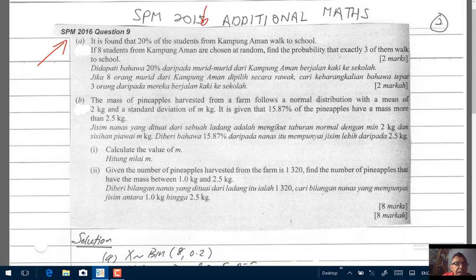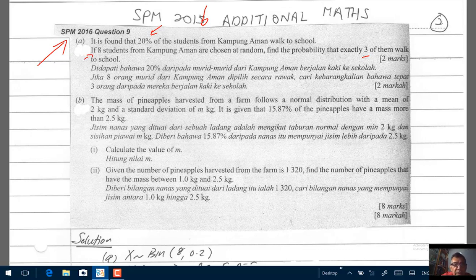The SPM 2016 Add Maths exam paper, question number 9, Part A. It is found that 20% of the students from Kampong Aman walk to school. If 8 students from Kampong Aman are chosen at random, find the probability that exactly 3 of them walk to school.